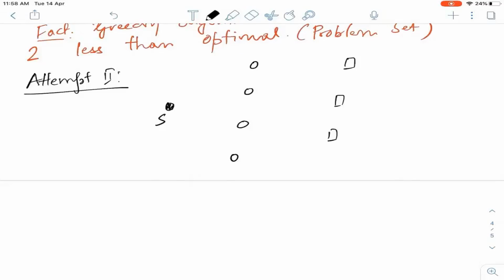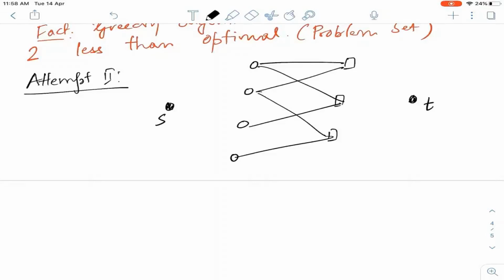I add an artificial sink to this side. Of course, these are the edges that are given to me. But I will add a few additional edges now.